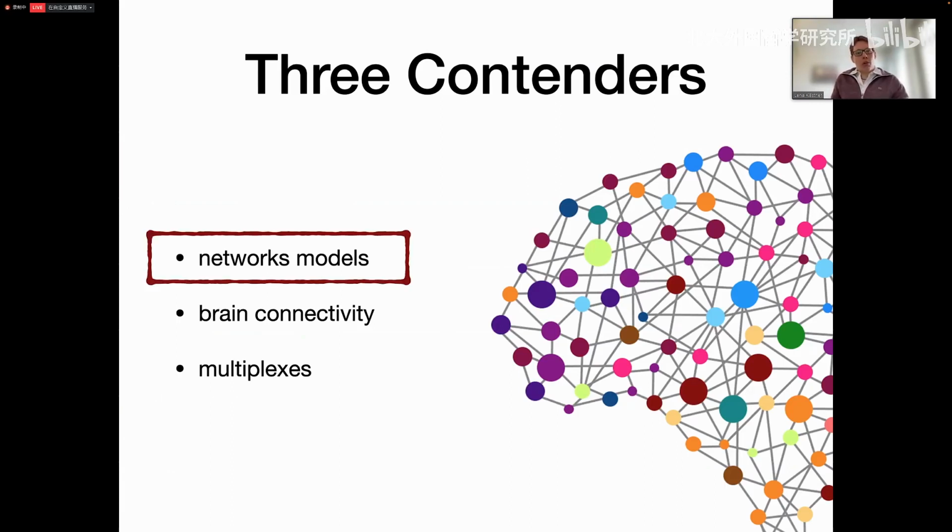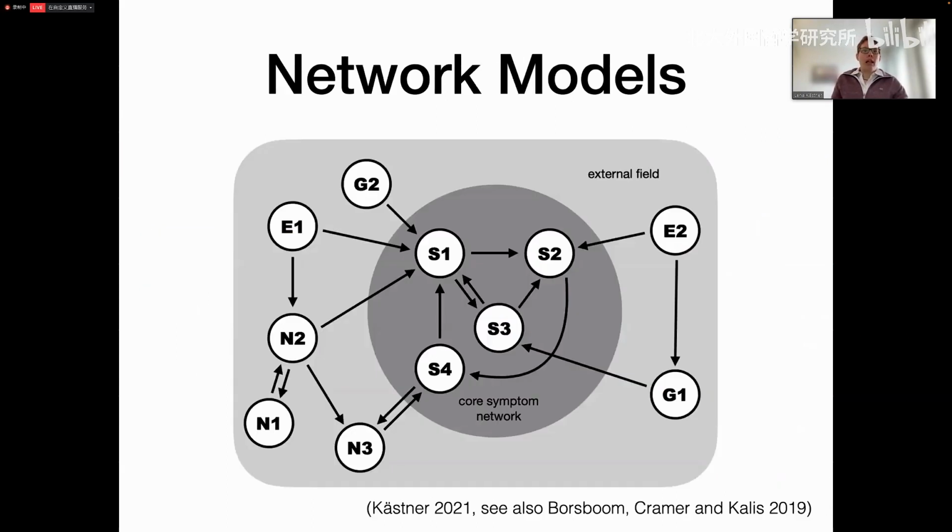And the multifactorial model I showed you in the very beginning is actually one of such network models. So here again, at the core, you have the symptom network with just symptoms interacting with one another. And then in the surrounding field, you have the other factors that actually also interact with the symptoms.